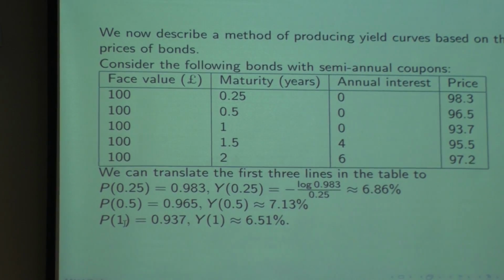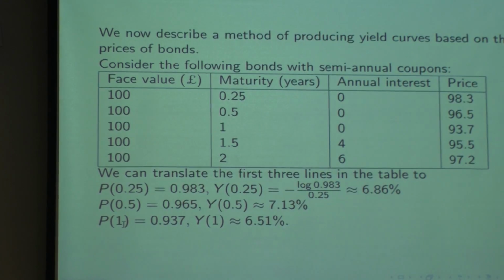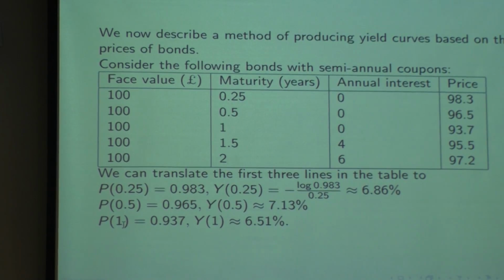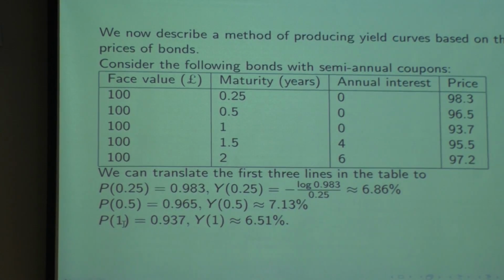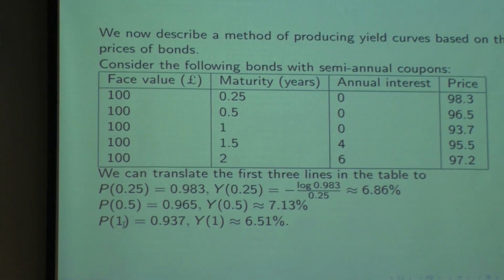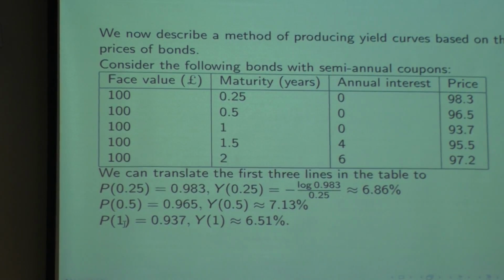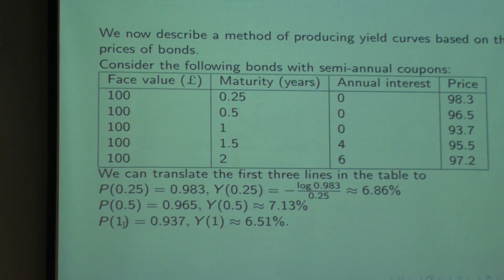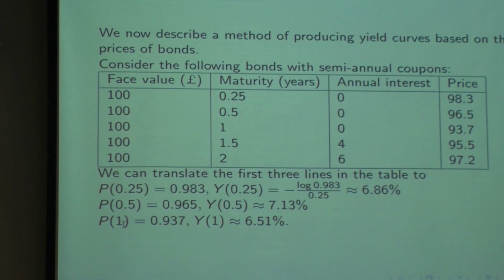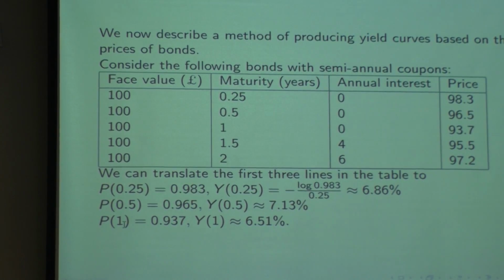Now that I know p of a quarter, a half, and 1, I can compute y of a quarter, a half, and 1 by using this formula over here. If I know p of t, and I know t, I can solve for y of t by taking natural logarithms of both sides. If I take the natural logarithm of both sides, what am I getting?